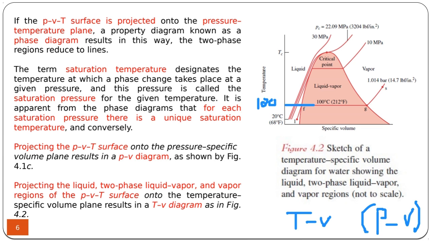The critical point for water is 22 megapascals, which is a very high pressure. At this location, as you can see, there is no distinct phase change from liquid to gas. So above the critical point, we have a supercritical substance, which we cannot call either liquid or gas.